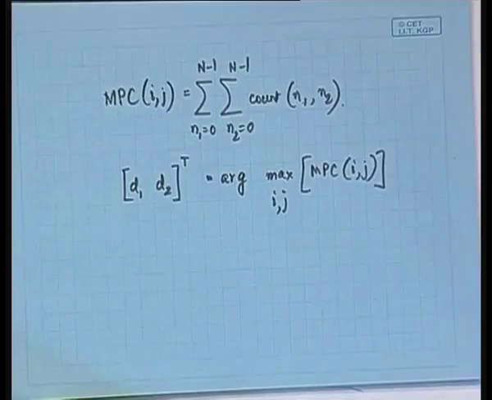Now, no matter whether we consider the MAD, the MPC or the MAC measure, one thing is very certain: corresponding to every search position, our computational complexity is of the order of n square, where n by n is the block size.